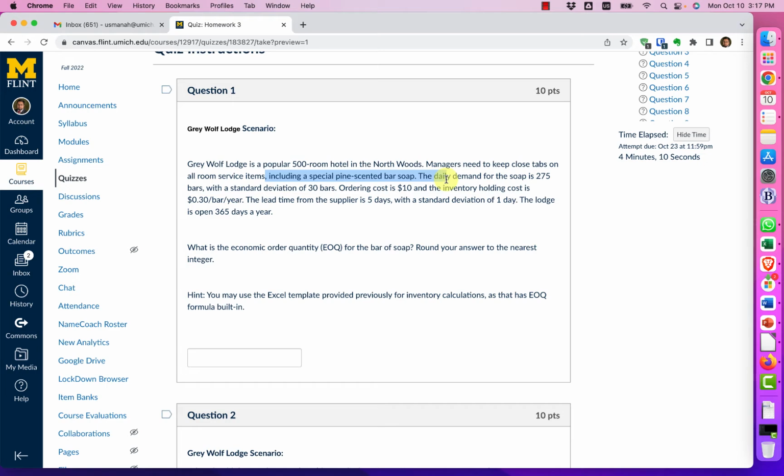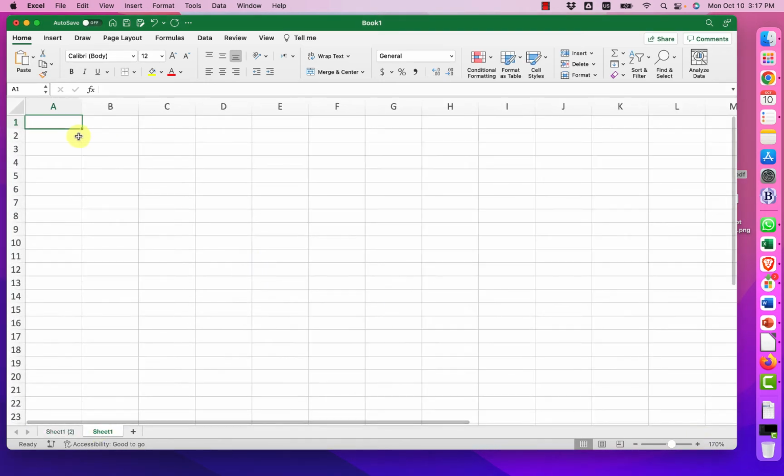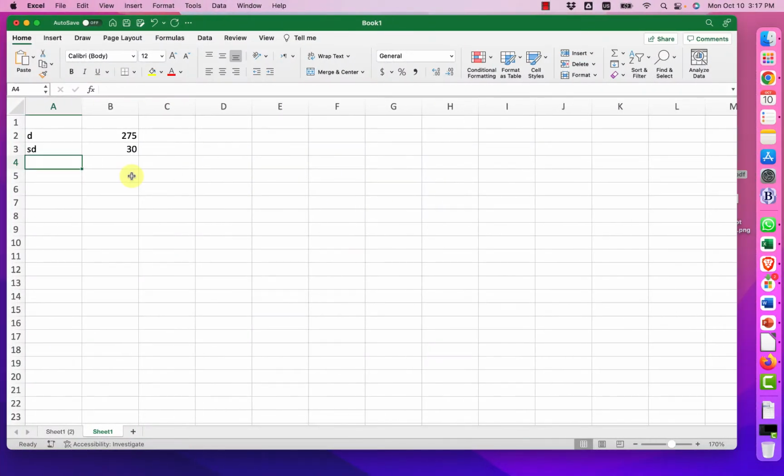Okay, we have some demand statistics. Daily demand, 275 is the average, standard deviation of 30 bars. So daily demand is small d, that's 275. Sigma d, standard deviation of demand, is 30. Ordering cost is 10. Handling cost is 0.3 per bar per year.